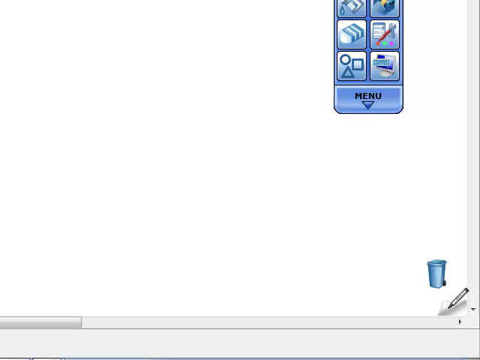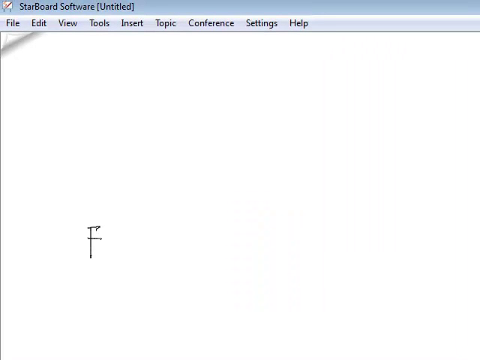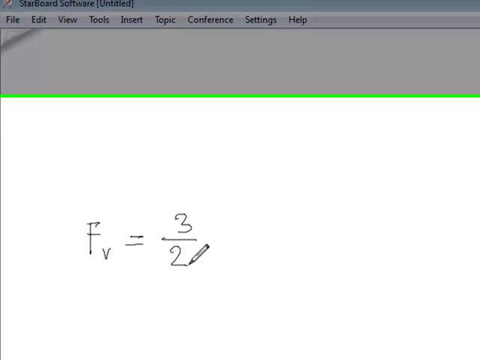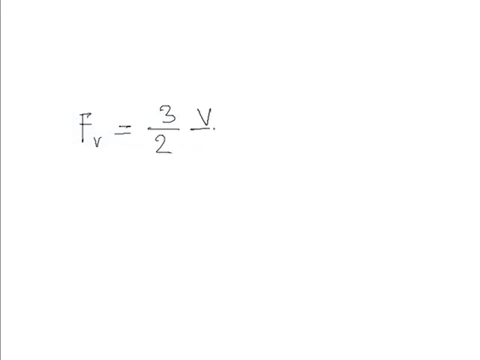If you want to check for the shear stress, you have to use the formula F sub V, the stress for the shear, equals 3 over 2 times V over A. And that formula is derived in the book.